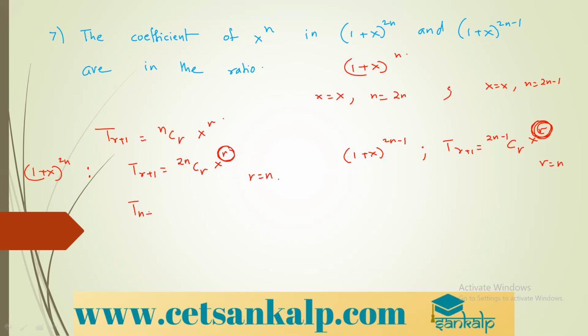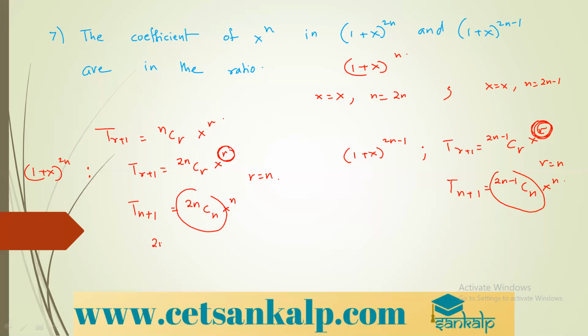So put r as n: T(n+1) = 2nCn x^n. Here put r as n: T(n+1) = (2n-1)Cn x^n. So I will take only the coefficients and take the ratio of the coefficients.